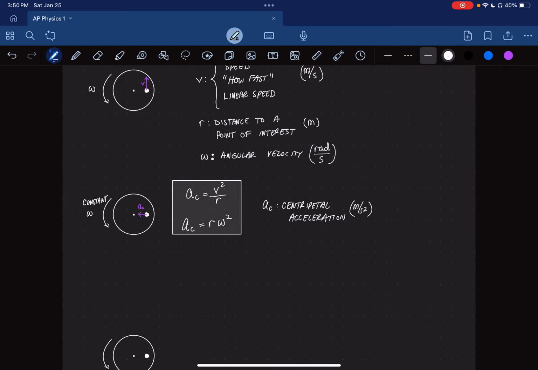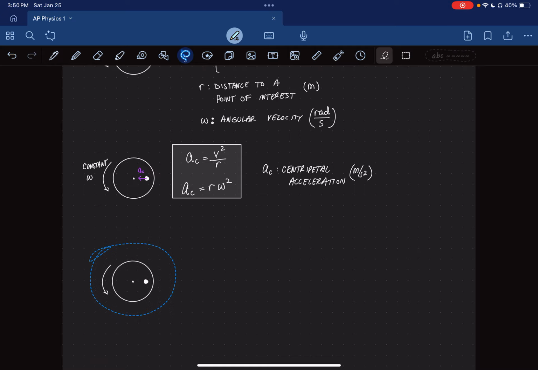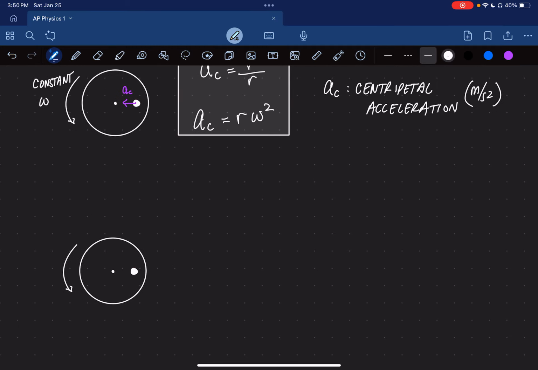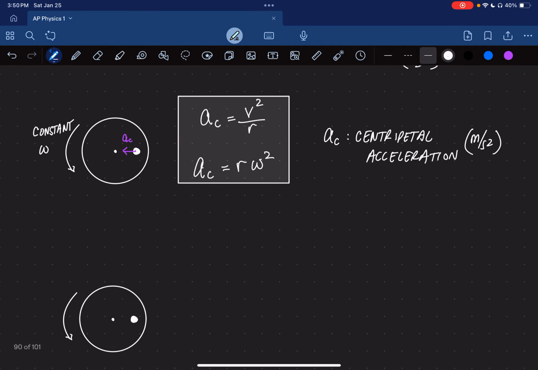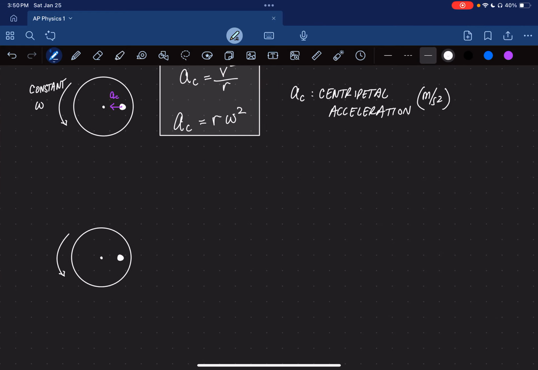And then finally, let's say it's not going at constant omega. By the way, you can still calculate centripetal acceleration if its rotation is changing, increasing or decreasing.